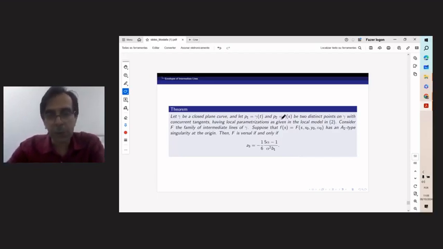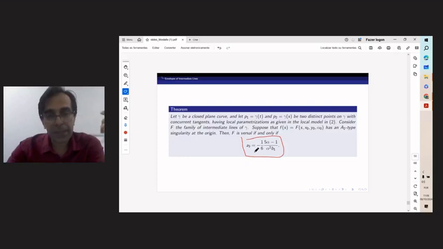Again, we have 2 points, and here we suppose that at the initial points we have a singularity of the envelope of case A2, and we prove that this family is versal if and only if we have this condition.